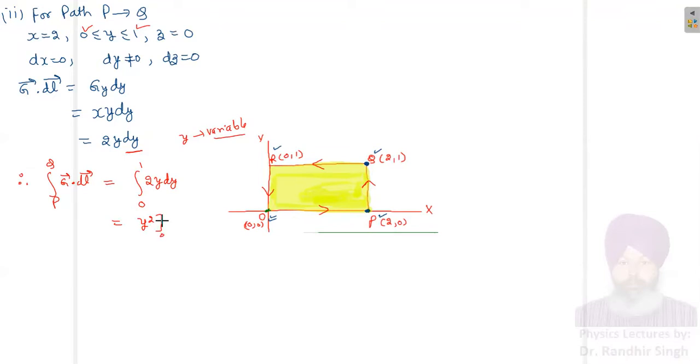I will put the limits here. If you evaluate these limits, you will get the integration from P to Q of g dot dl simply equal to 1.